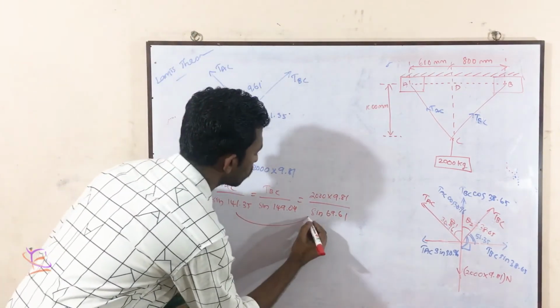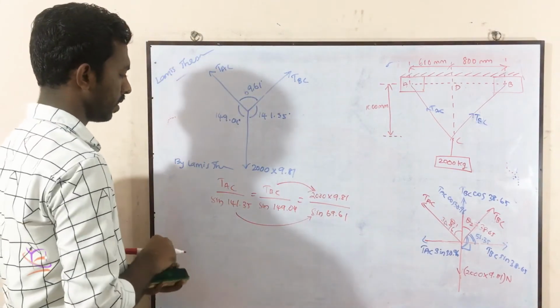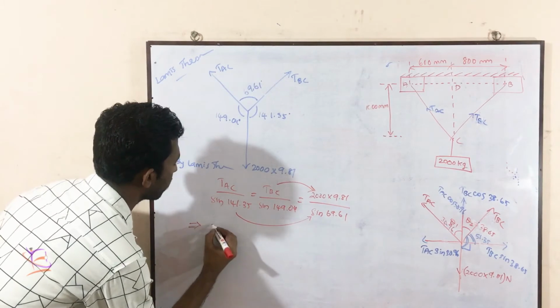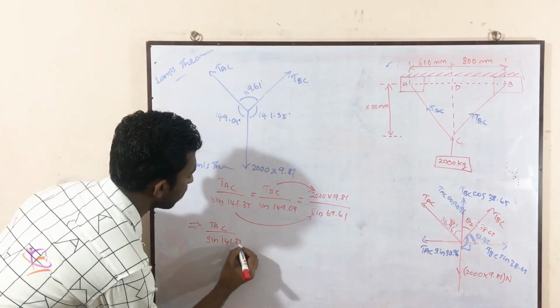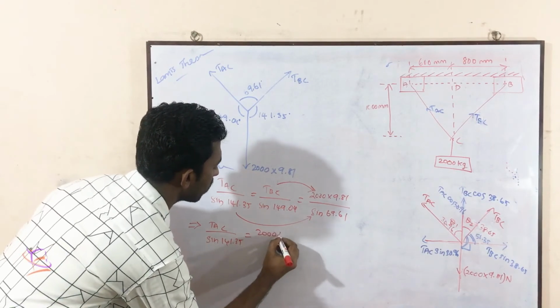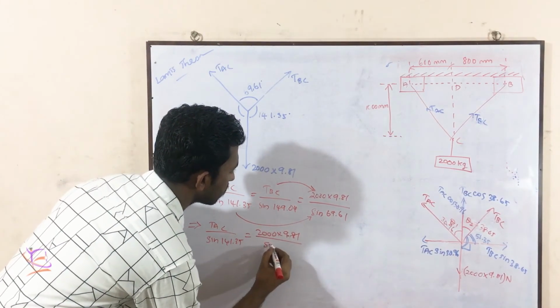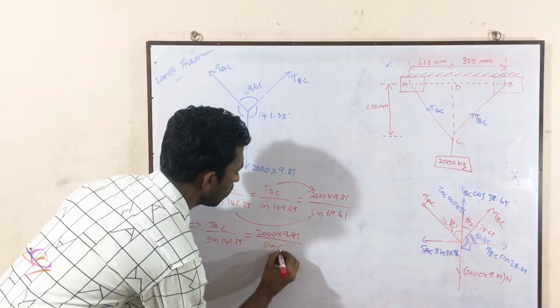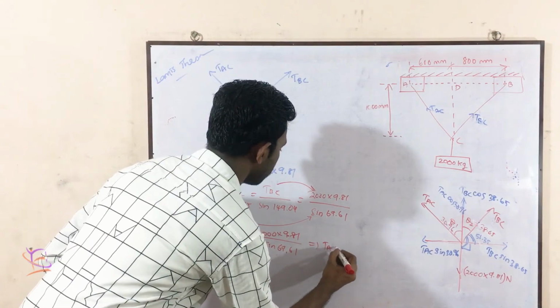First you equate these two things, then equate these two things, you will get the value for TAC and TBC. So equating TAC divided by sine 141.35 is equal to 2000 into 9.81 divided by sine 69.61.